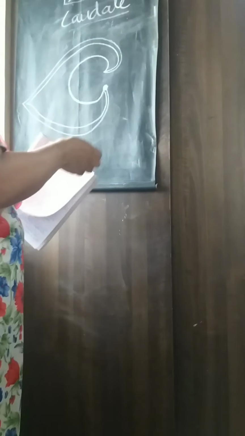So what will be the relations of the caudate nucleus over here? Now this is the head, this is the body, and this is the tail.